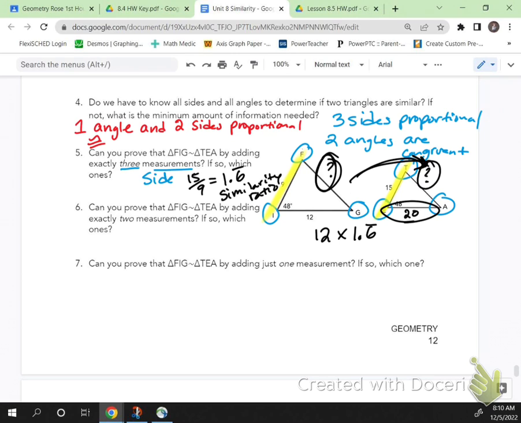Number 6, can you prove that triangle FIG is similar to triangle TEA by adding exactly 2 measurements, and this time it's going to be angle measurements? If so, which one? So now we're looking at angles, and I know that angle I is congruent to angle E. Again, I know that these are all acute, right?